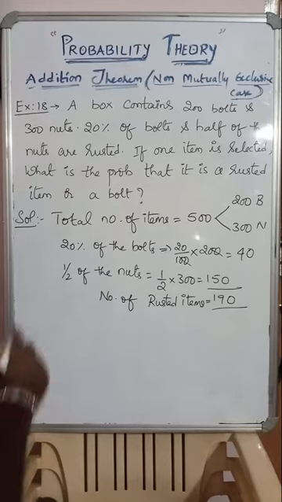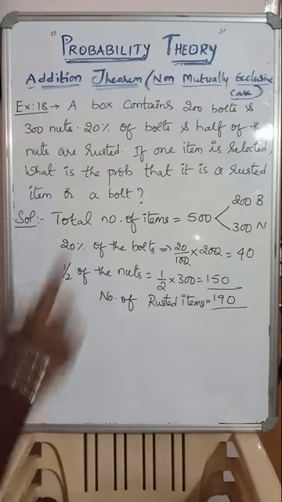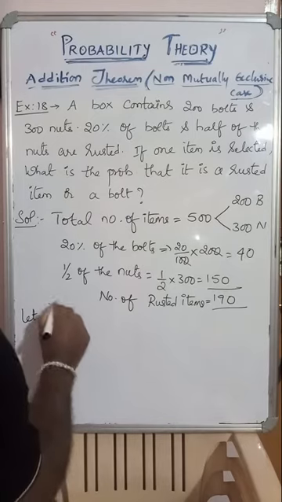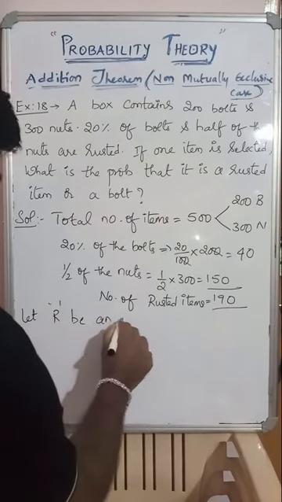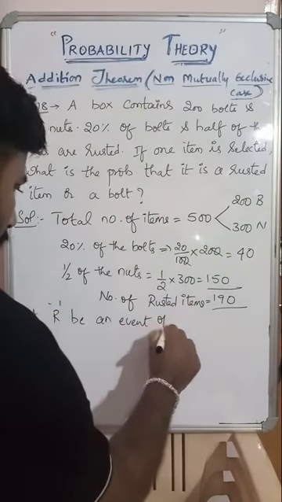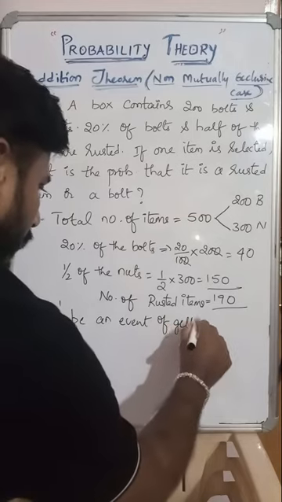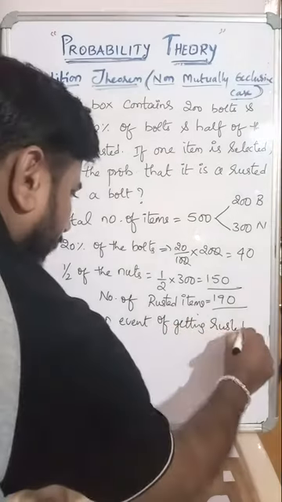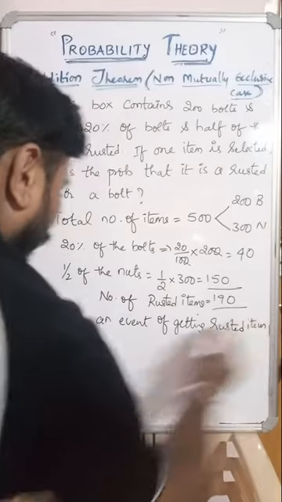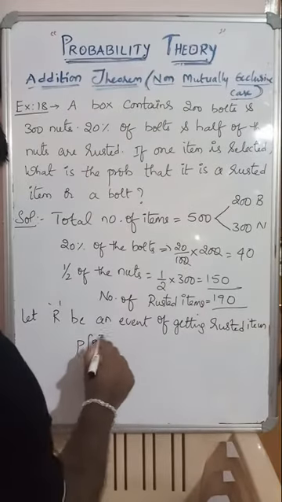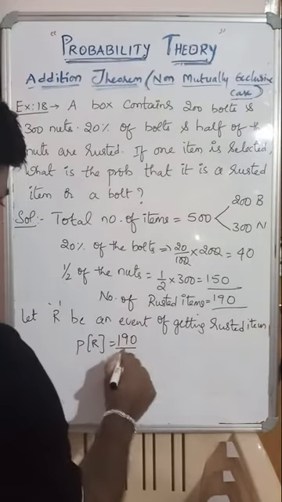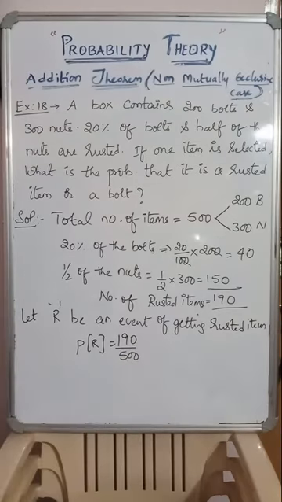So let us consider the event. Let R be an event of getting a rusted item. Therefore probability of R becomes 190 by 500.